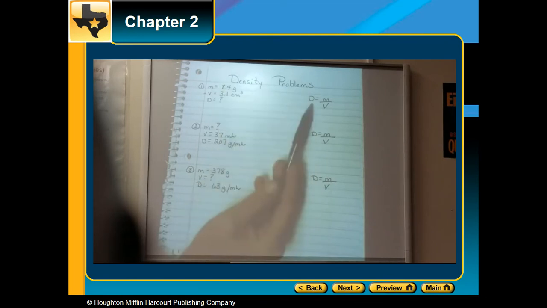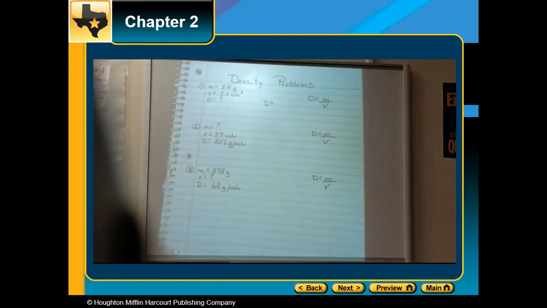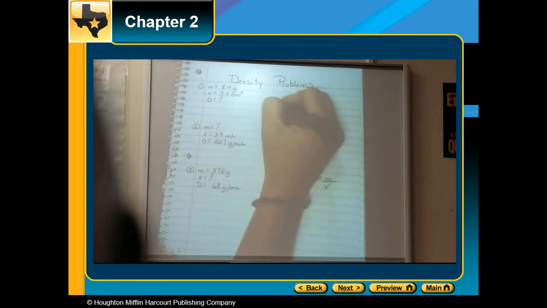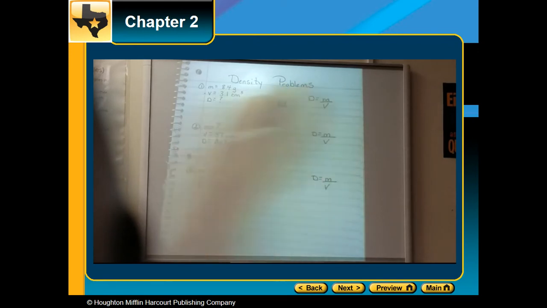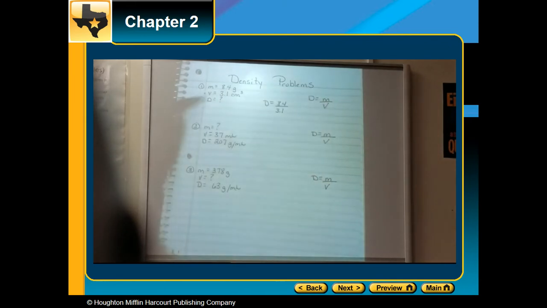So you just need to plug those in. All right. I'm just going to rewrite the D because I don't know what my density is. And for M, I'm going to plug in my mass, 8.4. I don't usually carry my units over to do my algebra. I know what they are over here. And then for V, I'm going to plug in 3.1 because that's my V. D is already by itself, so you don't have to do any algebra on this problem to get your variable by itself.